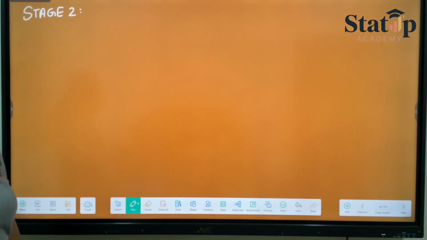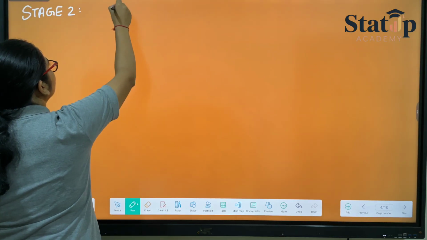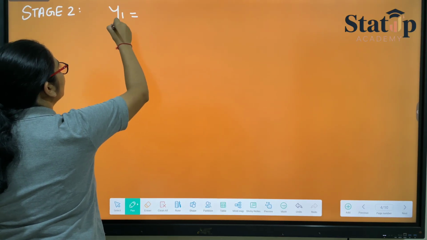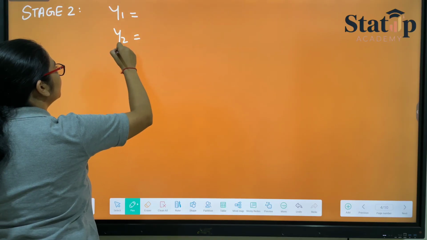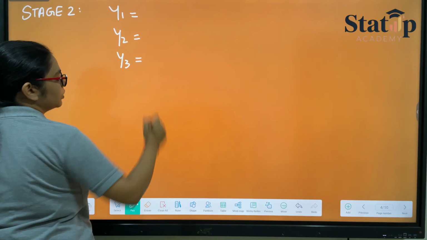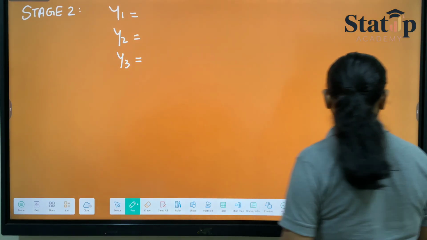In the second stage, we will take the original model. The original model was y1 equals, y2 equals, and y3 equals. What was y1?